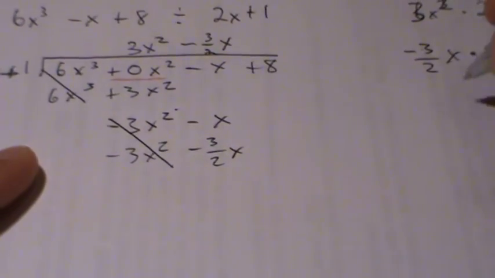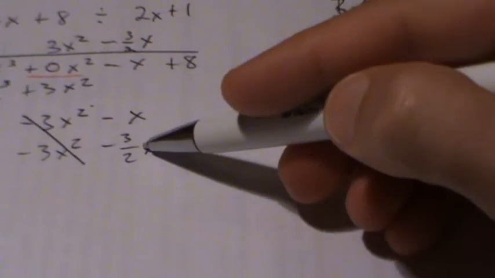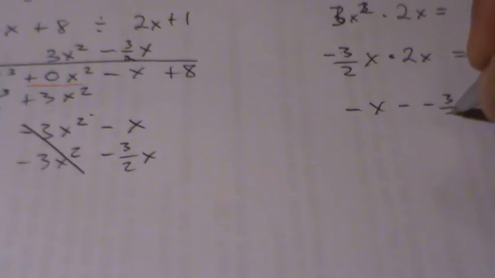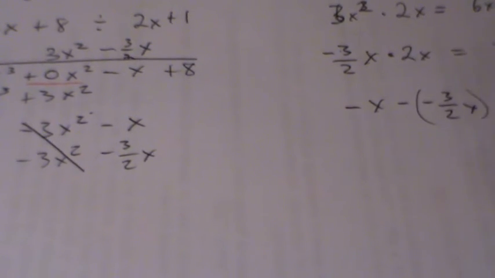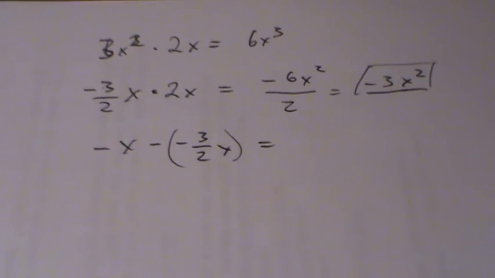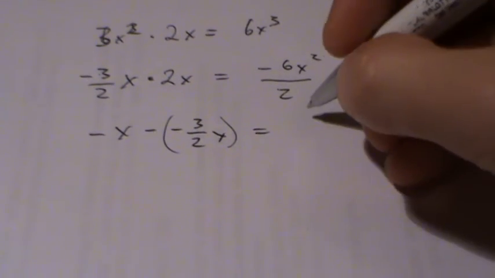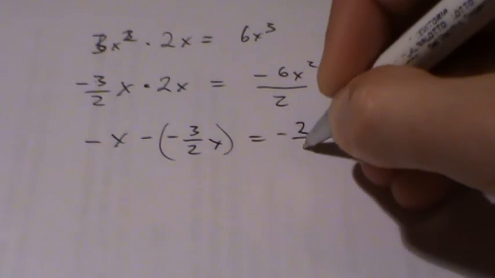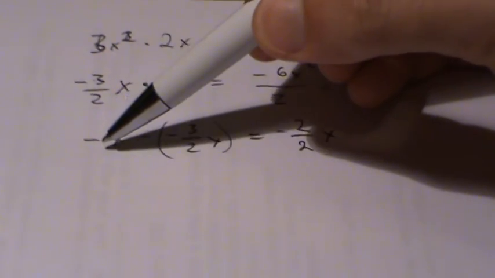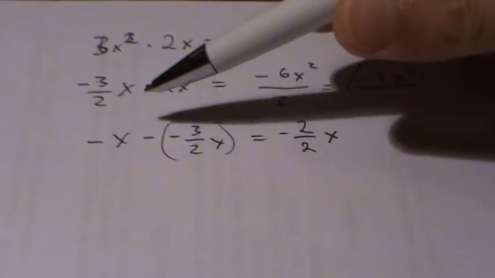Now I've got a negative x minus 3 halves x minus a negative 3 halves x. Okay, now for this, I'm going to need a common denominator here of 2. So I'll write this as a negative 2 over 2 x, because the coefficient here is 1. So negative 2 over 2x.